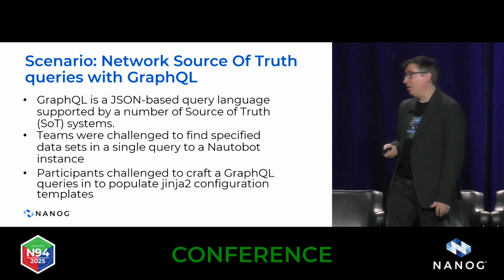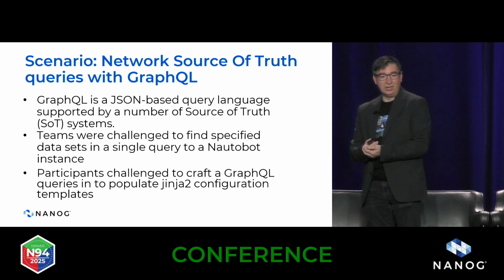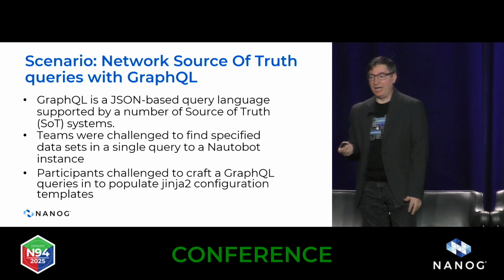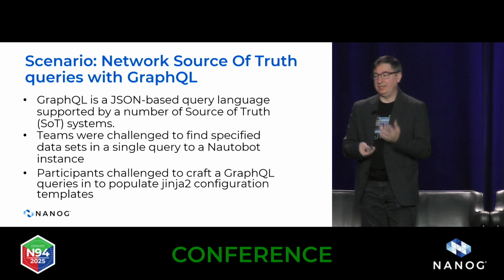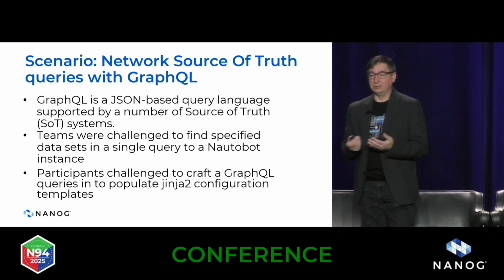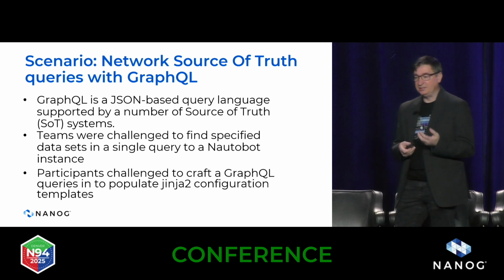The next scenario was a challenge around GraphQL with Nautobot. GraphQL, if you're not familiar, allows for precise nested queries for source of truth elements, including in Nautobot's case, ports, cables, BGP peerings, and other records into a structured JSON response.